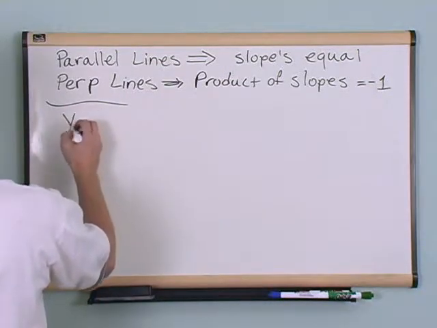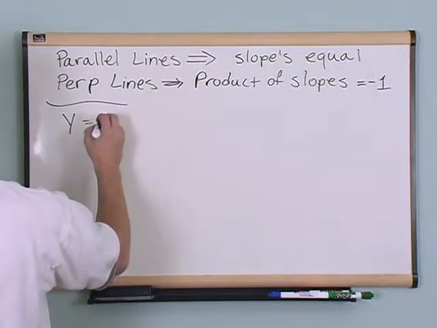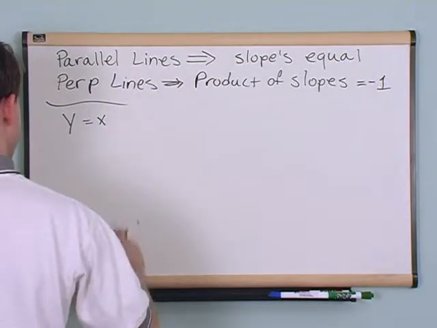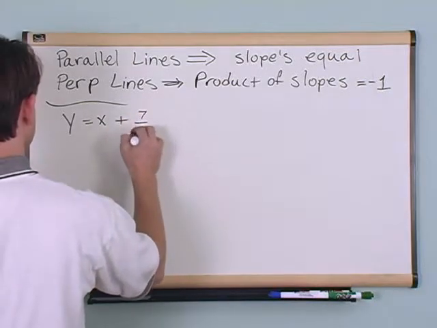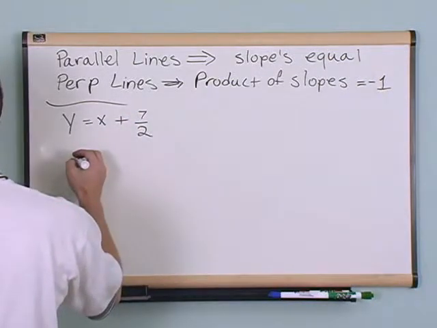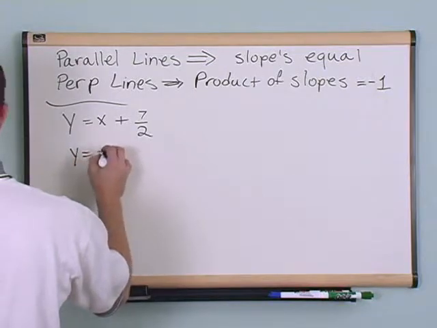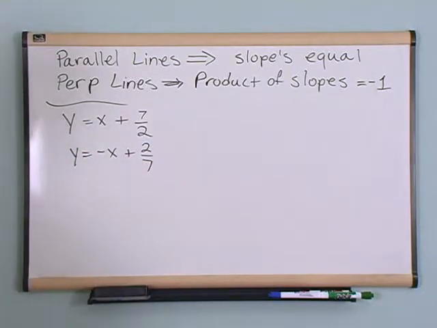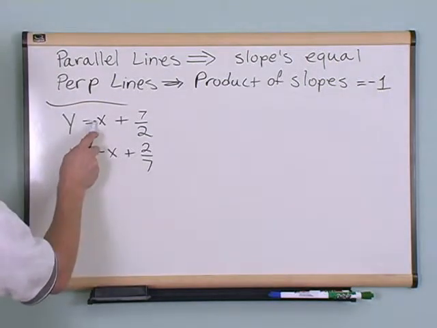Finally, what if you were given y is equal to x plus 7 over 2, and y is equal to -x plus 2 over 7. Are these parallel, perpendicular, or neither? Well, the slope of this is +1.